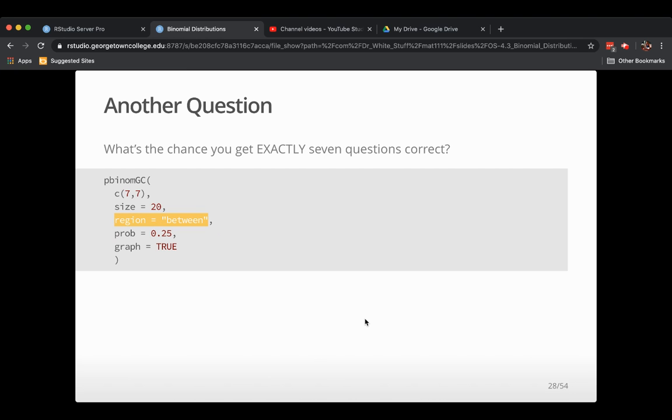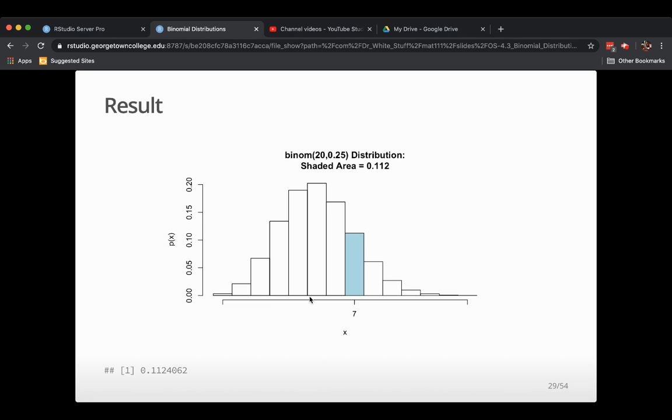So you're asking yourself, what's the chance that I get from 7 to 7 questions correct? Run this, and you'll only be adding up the height of the 7 rectangle. The height of that rectangle was about 0.112, and that's the chance of getting exactly 7 correct.